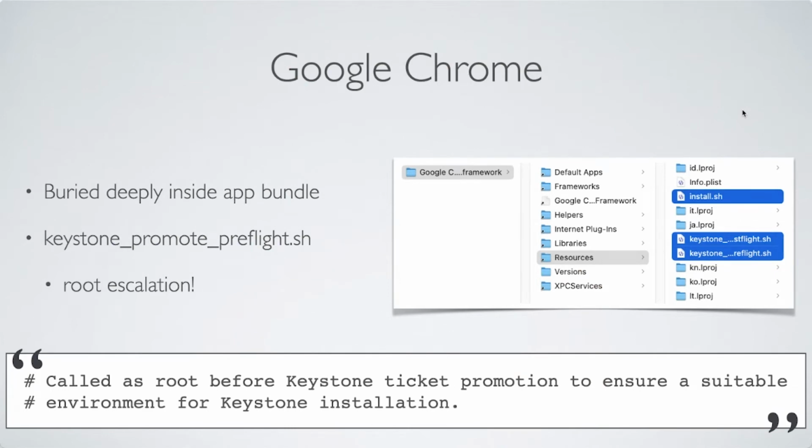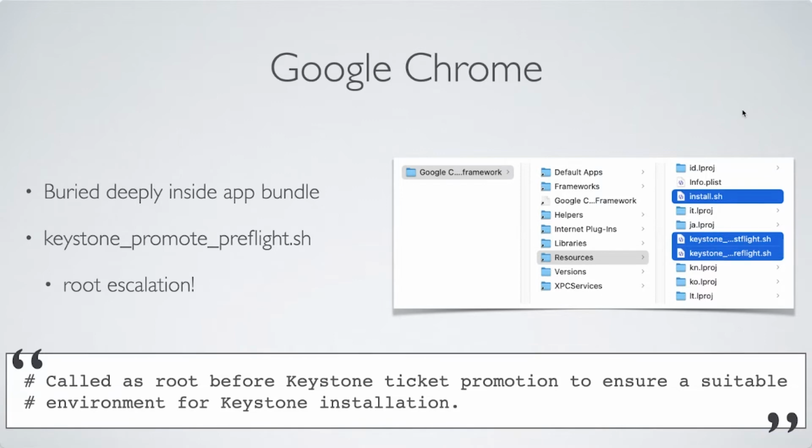So let's take a look at Google Chrome. Inside the app bundle, buried very deeply down inside the bundle, there are some shell scripts. One of these in particular, the Keystone Promote Preflight script, has a comment in it that says it's called as root. So again, that's a great clue that we might want to use this for potential root escalation.